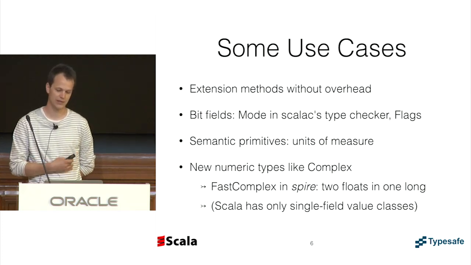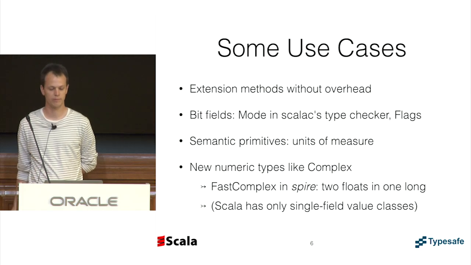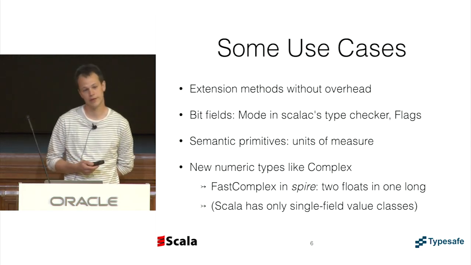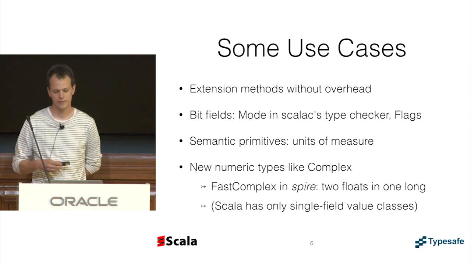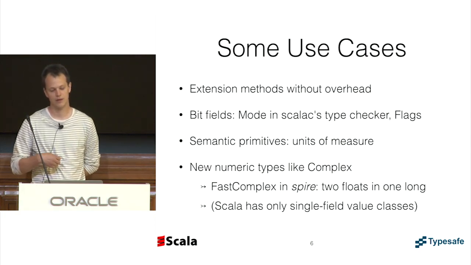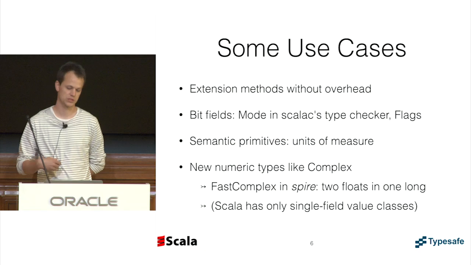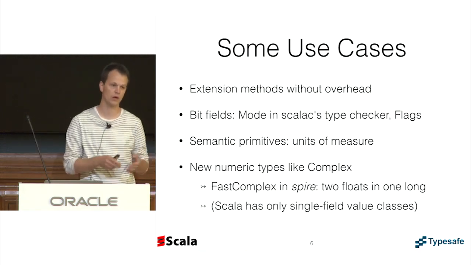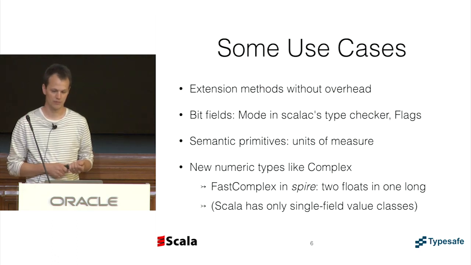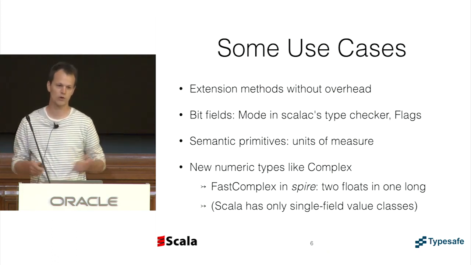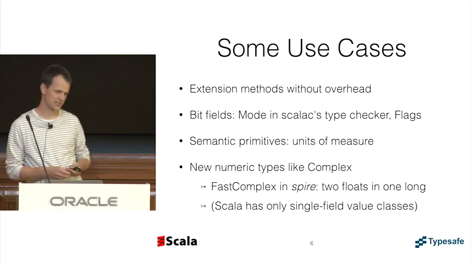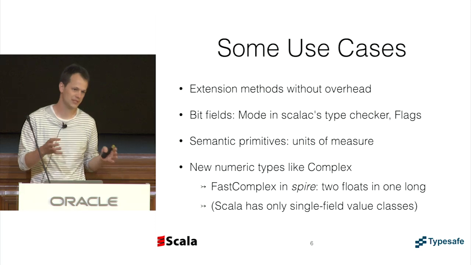One example that was implemented not by us, but in a library called Spire, a library for numerical computing written in Scala. They have an implementation of complex, which is called fast complex, and it bunches two float values into a long. And this is pretty performant compared to having two objects on the heap. So you already realize maybe that all of these use cases require a single field.